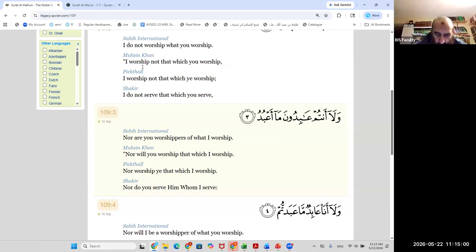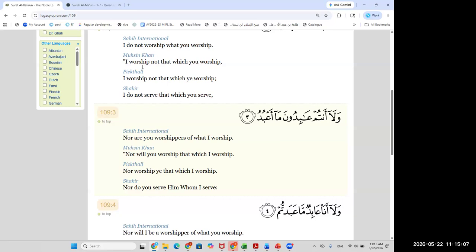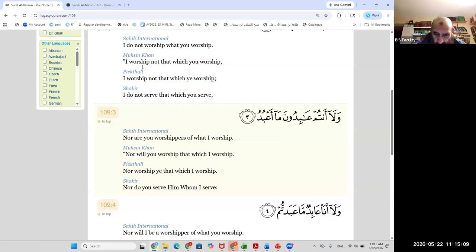Abidun is what kind of word itself? It's an ism. It is an active participle, ism al-fa'il plural, from abada, abid, one who is worshipping. Ma'bud, one who is worshipped.